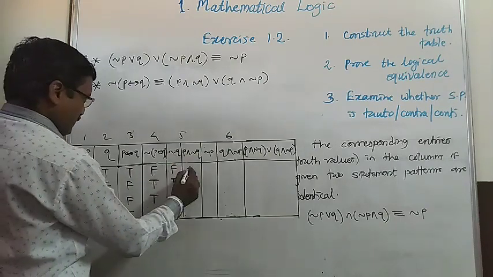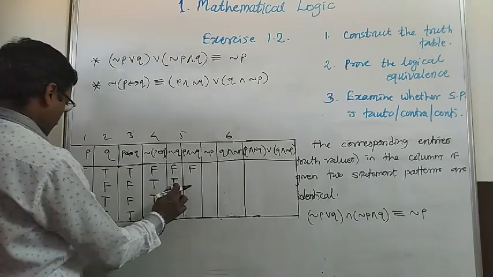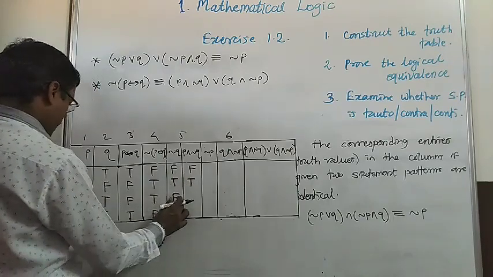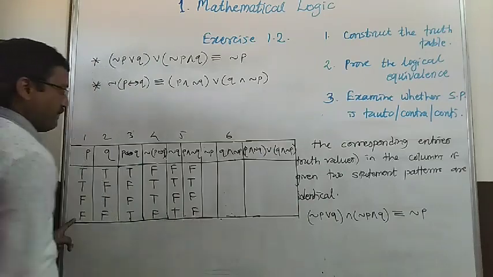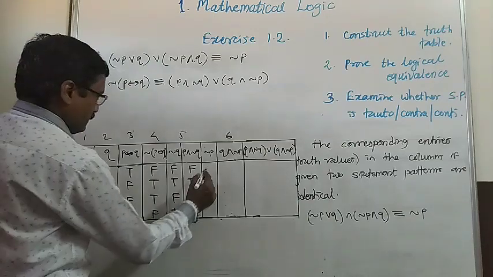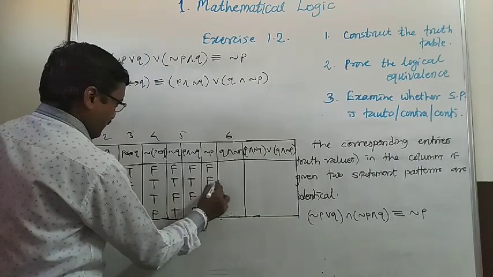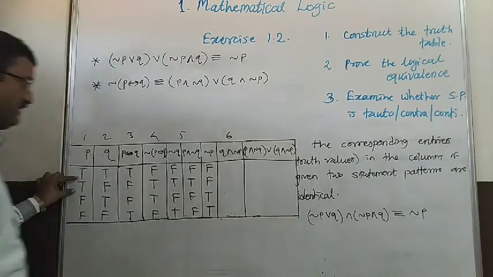Conjunction means I have to find F. Both are T, so T. Both are F, so F. One is F, that's why F. Negation of P is F, F, T, T.